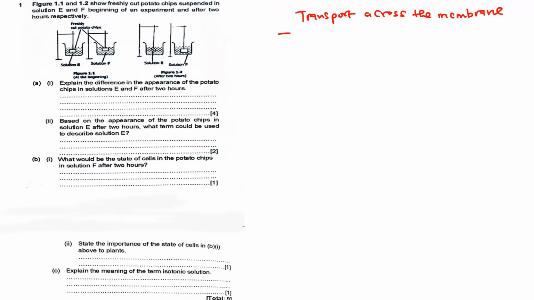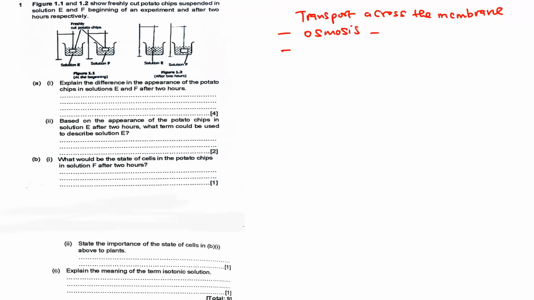So one of them is osmosis. Osmosis is just the movement of water molecules from high water potential to the region of lower water potential, across the permeable membrane, or it's the movement of water molecules from a dilute solution to the concentrated solution.